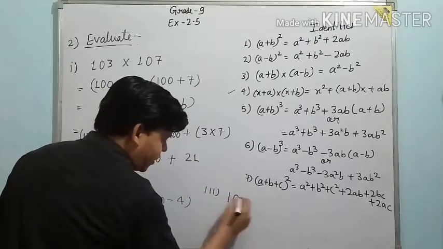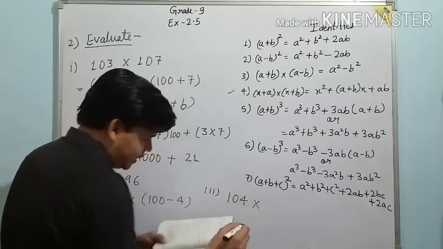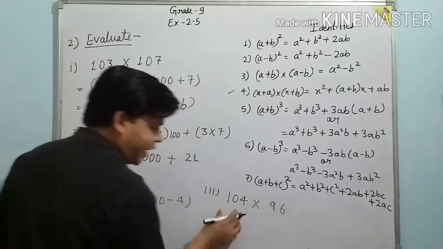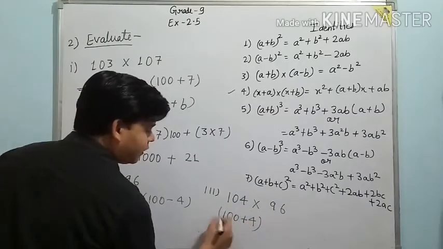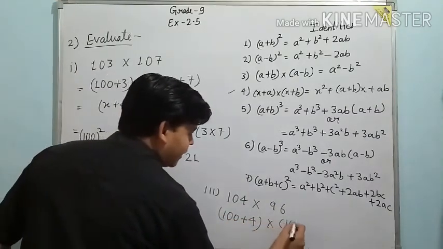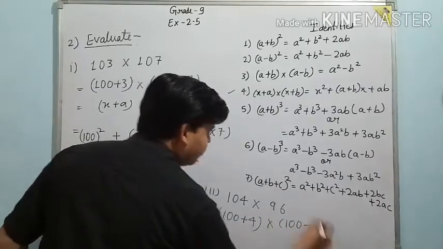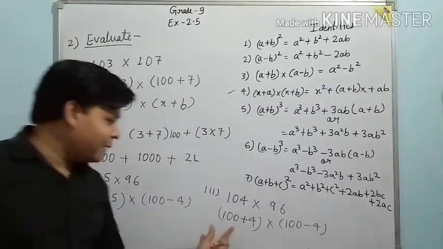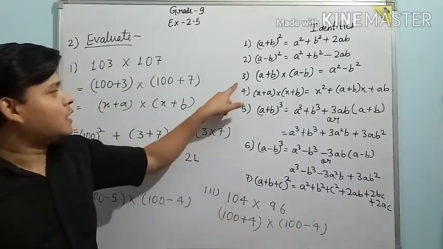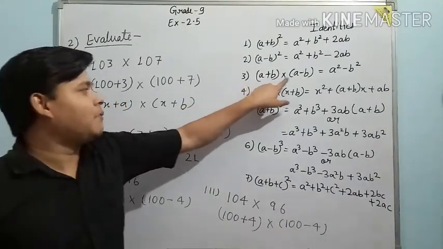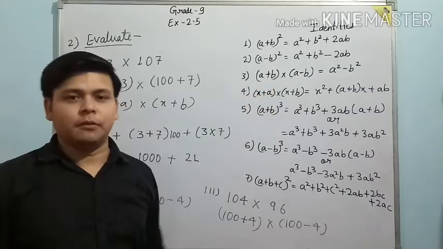Similarly, third one you can break as, like this one is 104 multiply by 96. So you can write here 100 plus 4 multiply 100 minus 4. But this one is a plus b multiply a minus b. So this is related to third identity, a plus b multiply a minus b, right?